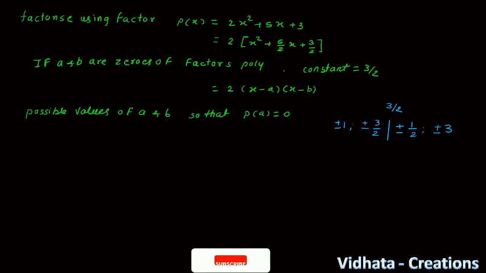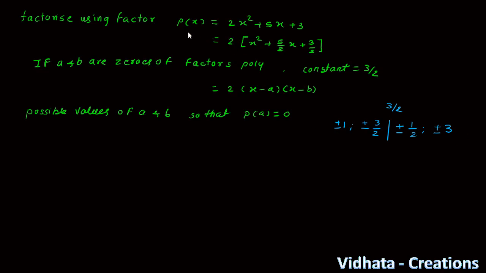Now let us search one by one which value can satisfy the equation, so that the value of the polynomial will be equal to 0. If you clearly observe this equation, here is one thing you can guess to minimize your work.